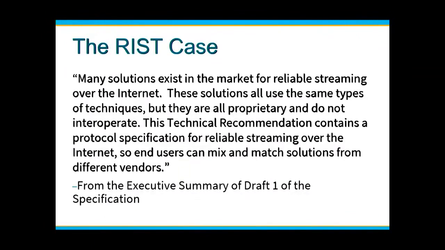So it basically says, many solutions exist in the market for reliable streaming over the internet. These solutions all use the same types of techniques, but they are all proprietary and do not interoperate. This technical recommendation contains a protocol specification for reliable streaming over the internet, so end users can mix and match solutions from different vendors.